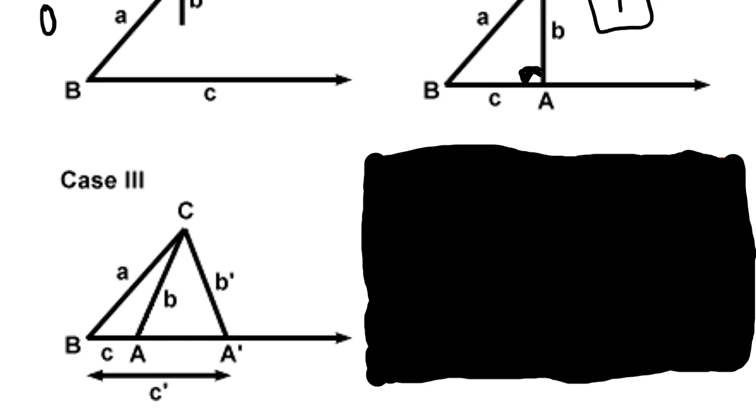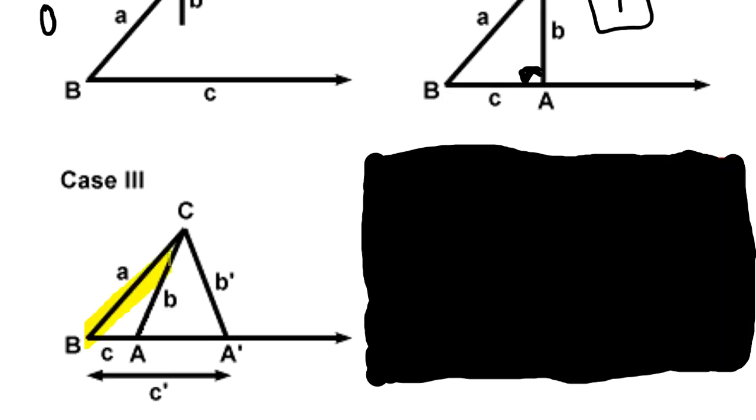But where the ambiguous case actually comes in is in this case, case 3. What would happen is you would be given a length of B, where B would actually form 2 different triangles, because you'll see the angle of B is the same, the side A is the same, and B is the same, but it's depending on which direction you choose.